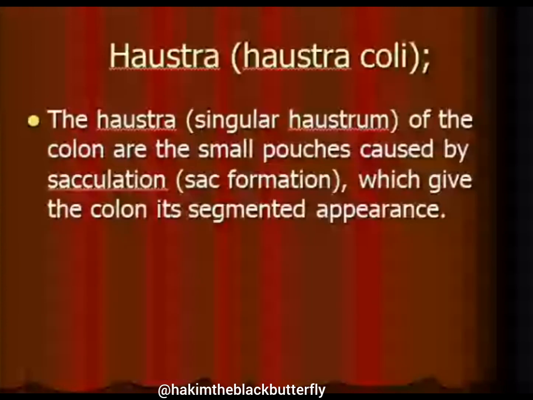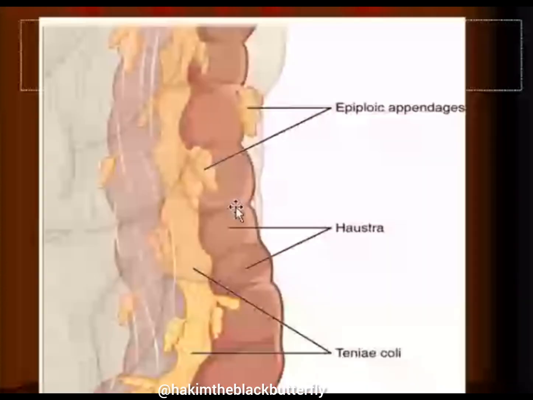Haustra, those are the folds, circular folds on the external surface of the large intestines due to contraction of the longitudinal muscle layer, which is in the taeniae coli. These are the haustra, which make the surface of the colon rough, and we do not have these features in the small intestines.